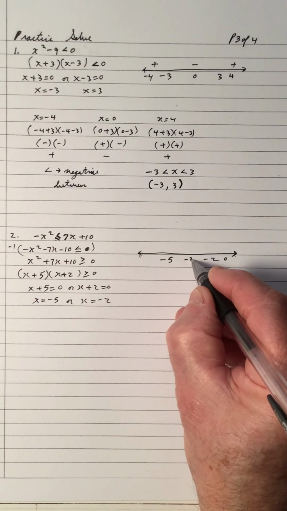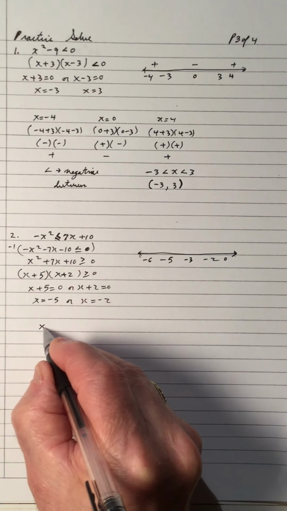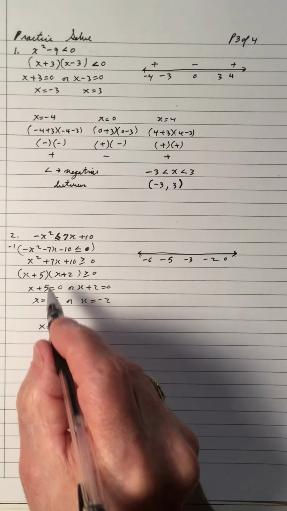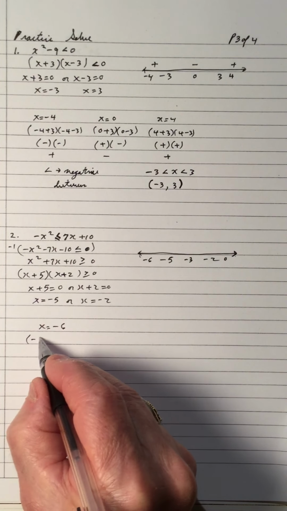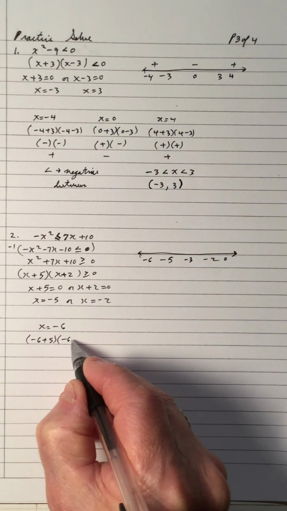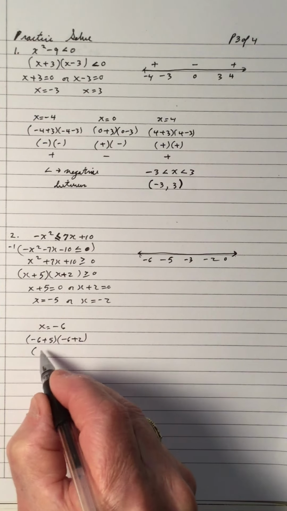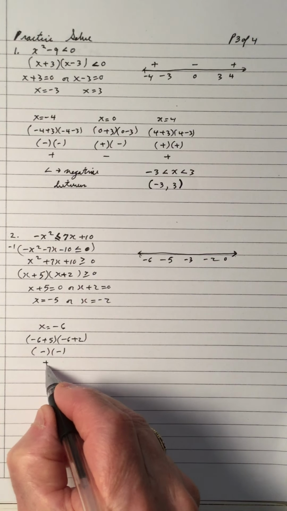In between, I take negative 3. To the left of negative 5, I take negative 6. So we'll sub in negative 6 in the expression here. Negative 6 plus 5, negative 6 plus 2. That's a negative number, that's a negative number, which is positive.